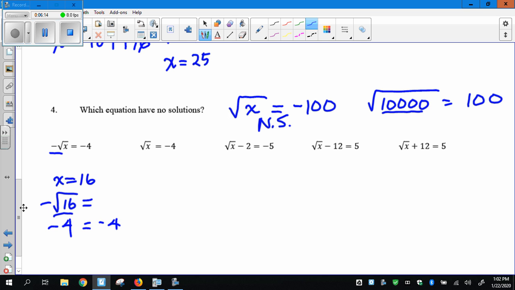I'm going to skip down here and pick one that doesn't have a solution. Right here, this square root of x would have to equal negative 3, because negative 3 minus 2 equals negative 5, and there's no way for a positive square root to equal a negative number. So this one will have no solution. All right?